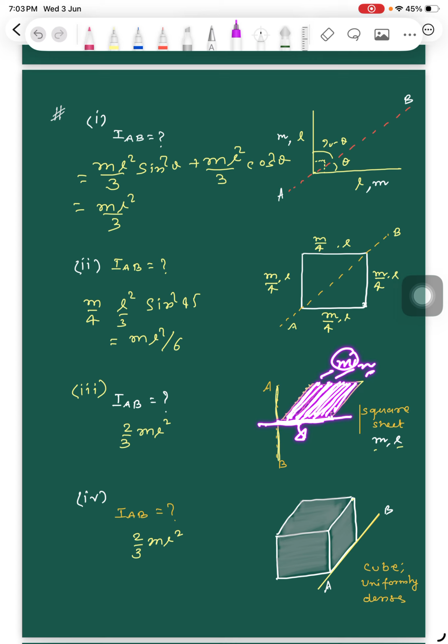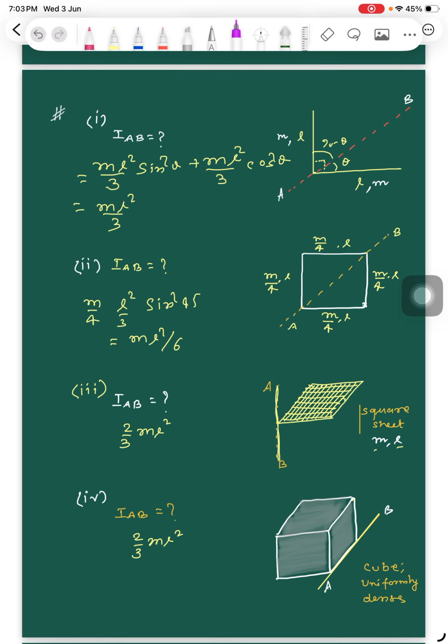So we will find about this axis ML square by 3. Similarly, we will get ML square by 3 about this line. So add these two I using the perpendicular axis theorem, and we will get I about this axis which is perpendicular to this sheet and these two axes. You will get 2 by 3 ML square.